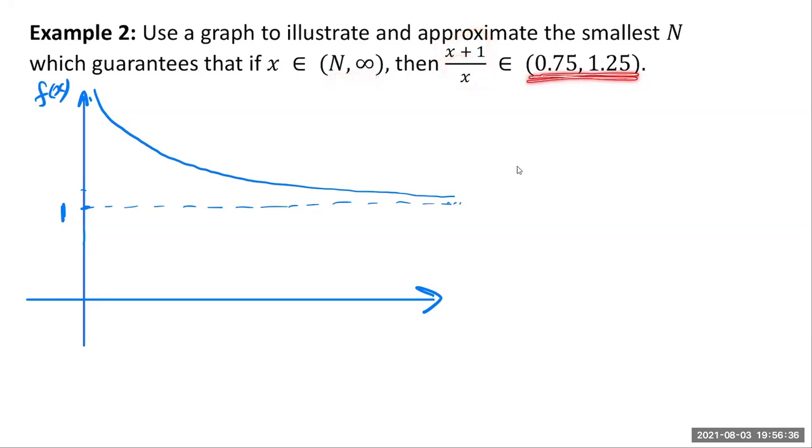Here, the epsilon is not clear, but what we can do is find the epsilon associated to this example. The midpoint of this interval is 1. So this can be viewed as 1 minus 0.25. This is 1 plus 0.25. So clearly your epsilon is 0.25 in this case. Let me write it. 0.25.